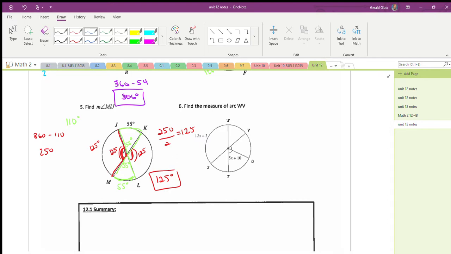The last one is similar, so WV, I'm trying to find this one. I'll go through this quickly because I know it's been a long video so far. Notice that these two are the same, so this is also 5x plus 10. If I added these two together to get this whole arc right here, that would be 10x plus 20.